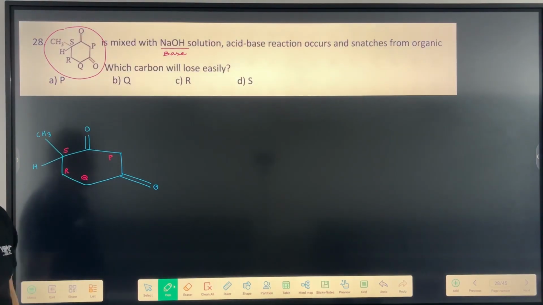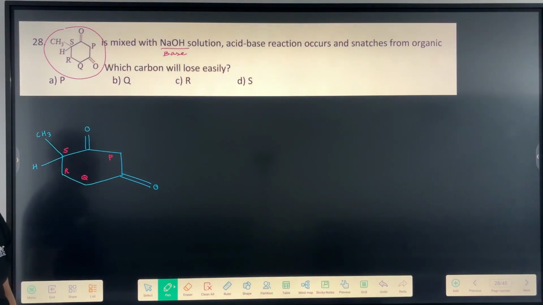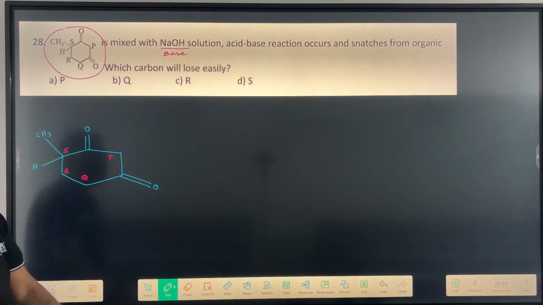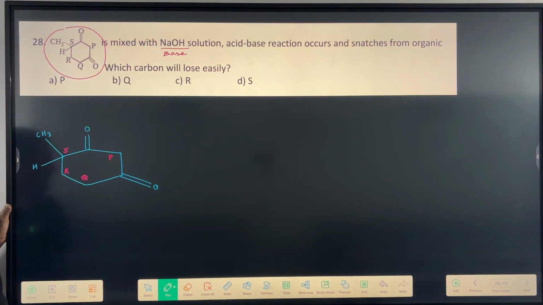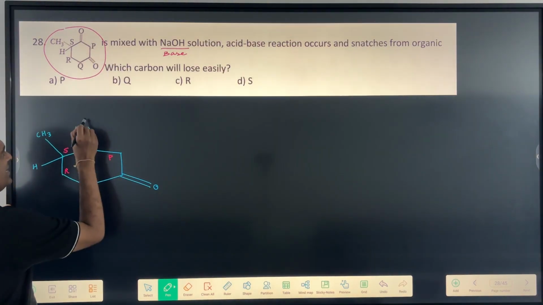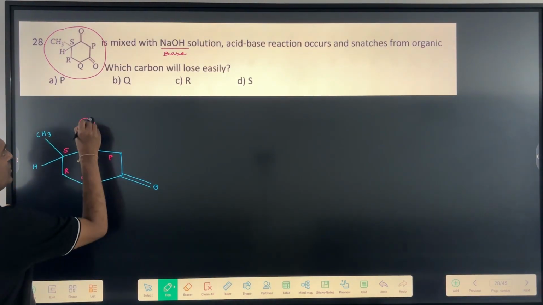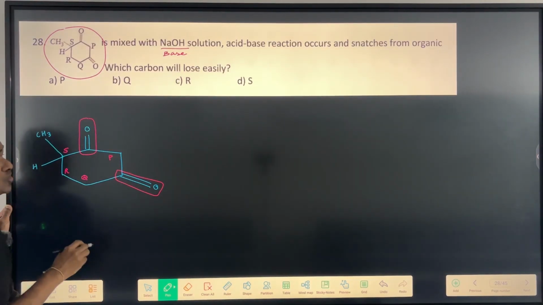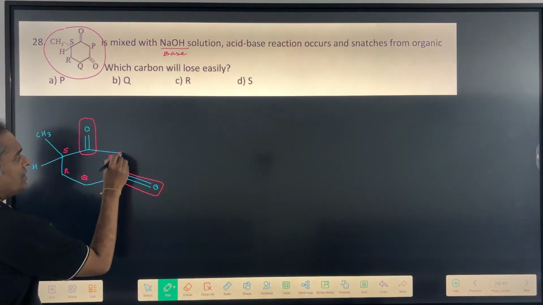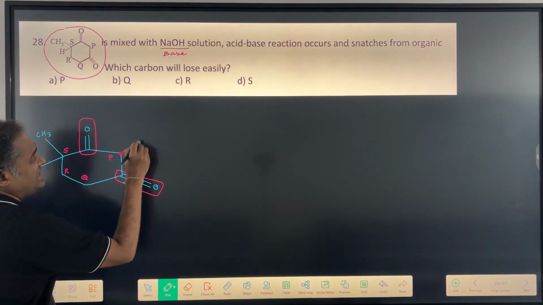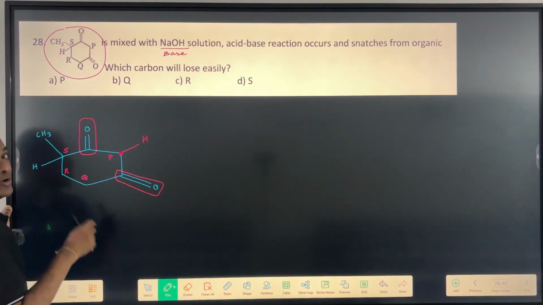In the previous slide we told you that electron withdrawing groups will increase the acidic strength. In this particular example, this group is an electron withdrawing group, and even this group is also an electron withdrawing group. So this carbon, which is nothing but P, is attached to electron withdrawing groups.